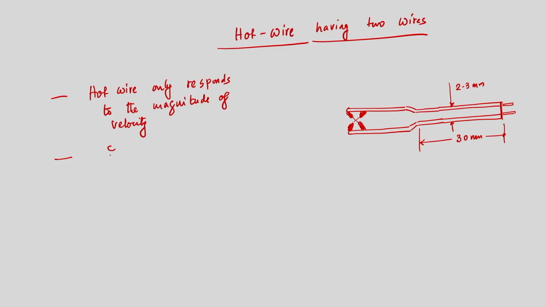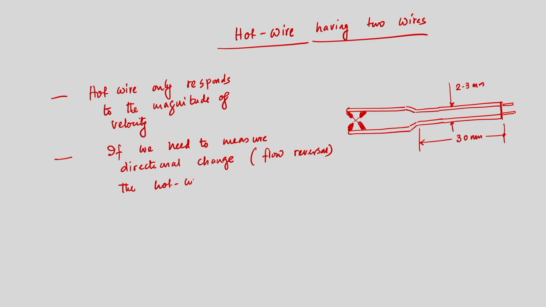So, if we need to measure only the magnitude of the flow velocity, then this instrument can be used, but if we need to know the flow reversal, that means a directional change of the flow, the hot wire cannot be used.